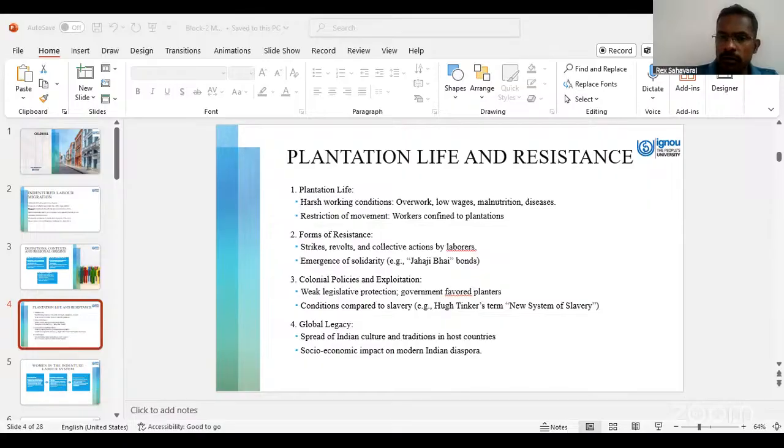So they had a lot of health issues. These adverse working conditions and the persistent abuses led to collective actions by the laborers, which manifested through a variety of passive and active methods. For example, I give an instance that happened in 1886 in Fiji.